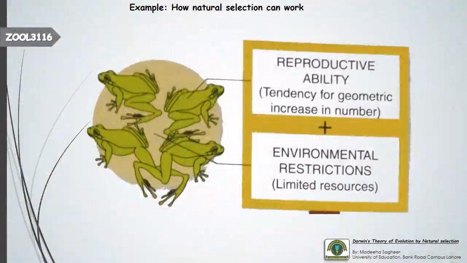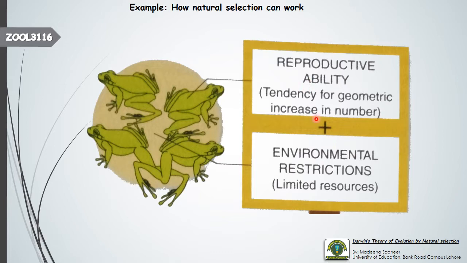Well, this is an example of how natural selection can take place. Here you can see the population of frogs, with reproductive ability and a tendency for geometric increase in number. This is what we are talking about in natural selection. This is the population of frogs, right? The frog population has the ability to produce many more frogs.